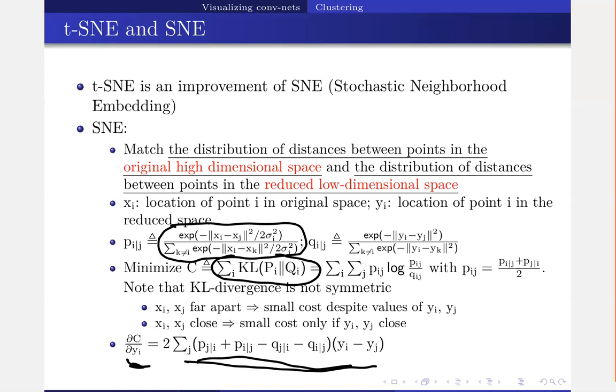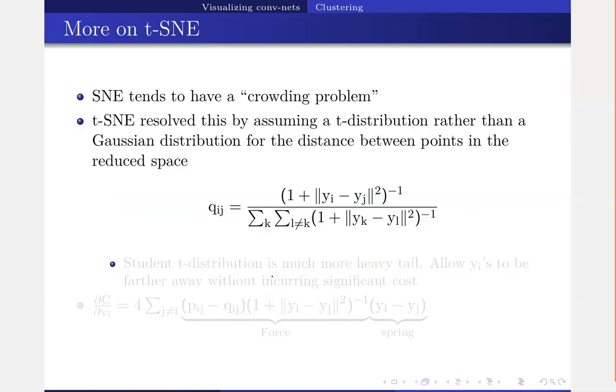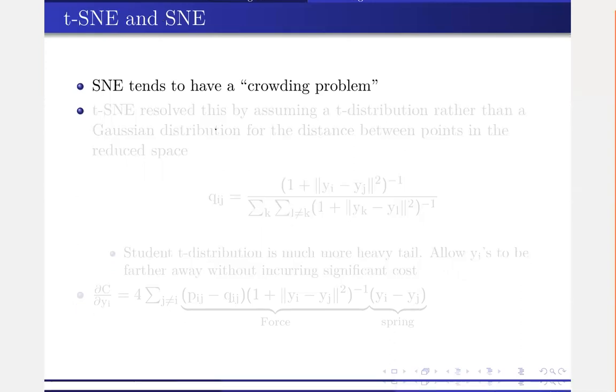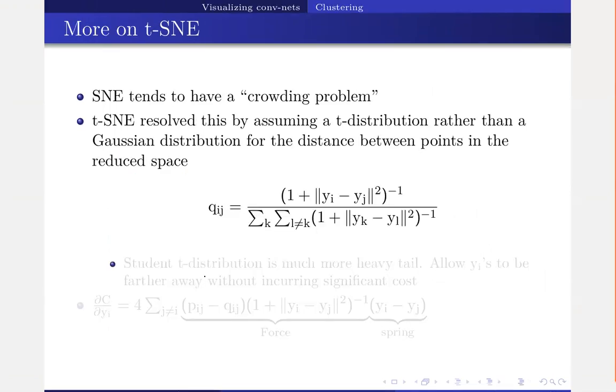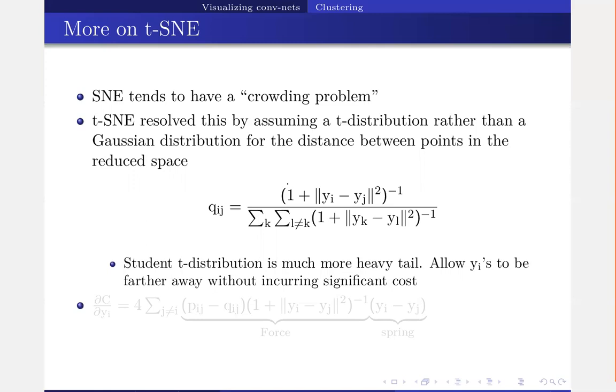So the difference of tSNE is this: if you just do SNE here, you get results probably similar to PCA, but the problem with SNE is that you will have some kind of crowding problem. P is in the high-dimensional space, right? Typically maybe 10,000 dimensions.